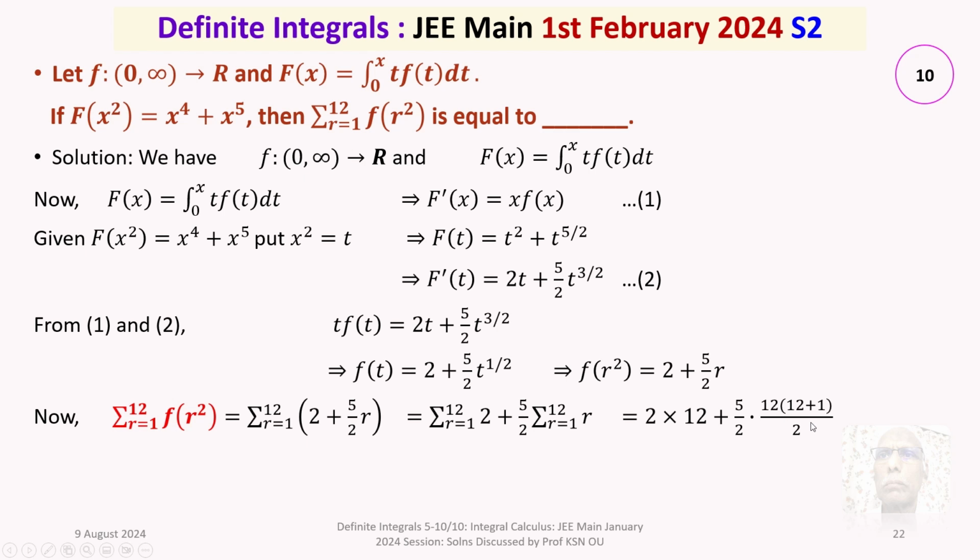That will be 12 into 12 plus 1 by 2. So simplify: 2 12s are 24 plus 5 by 2 into 12 into 13 by 2. Simplify, you will get 24 plus 195, and when added, you will get the answer 219. The answer to this question is 219, and that is the detailed discussion of the solution of this problem.